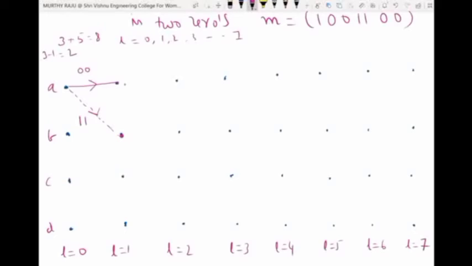Again, you are in state A, goes to next state A, with 0, 0 as output, input bit is 0. State A goes to state B with output 1, 1.